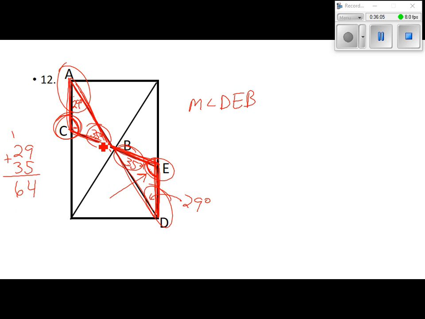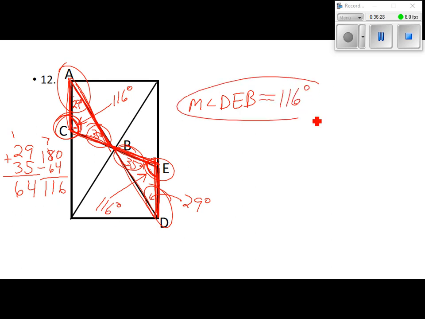And we know that this is a triangle, so the three angles of a triangle have to add up to 180. So we just subtract 180 minus 64, we get 116, had to borrow there. So this angle has to be 116 degrees. Well, that means this angle has to be 116 degrees, and that's the angle that we're looking for.